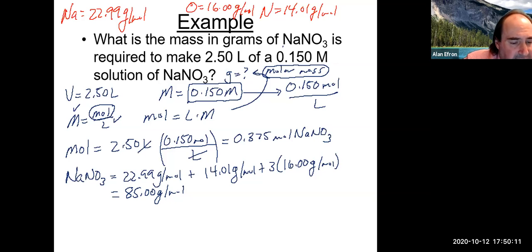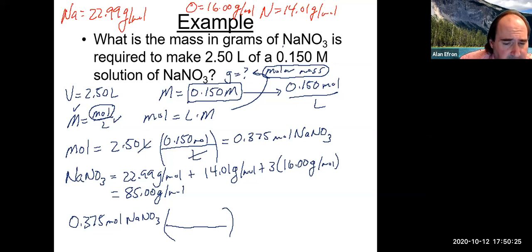So really what is left at this point is just a conversion. We have moles, and we want to get rid of the moles and end up with grams. So here we're going to multiply by the molar mass. So 85 grams would go on top, and a mole would go on the bottom.